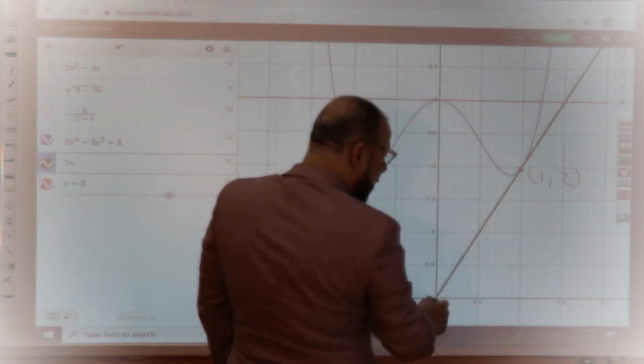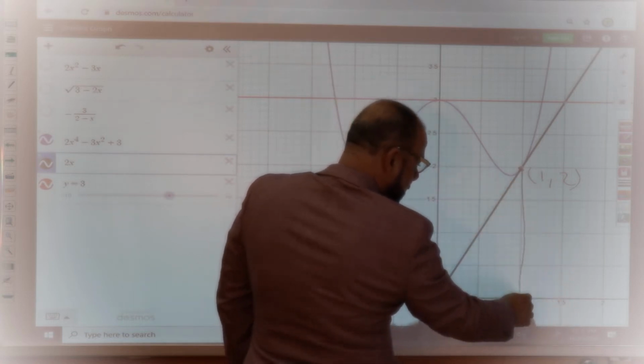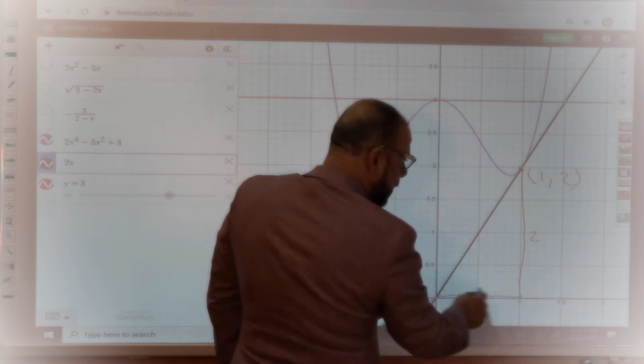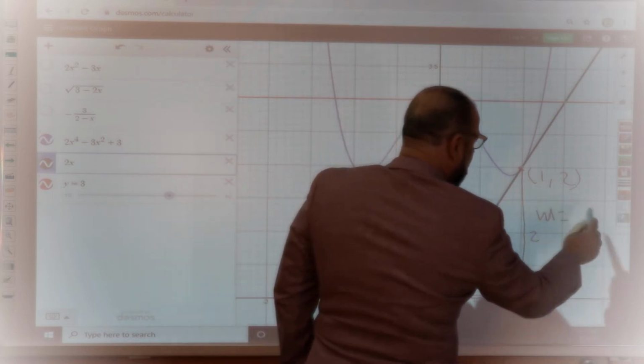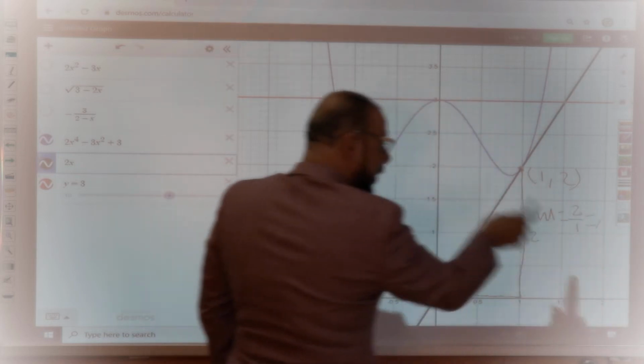The slope, you can easily find the slope, right? The slope of this line is rise, which is 2, and run, x, is 1, so my slope is equal to 2 over 1, which is 2.